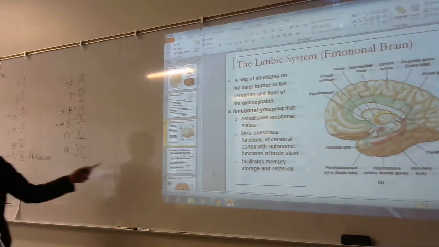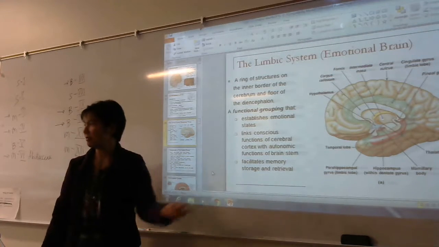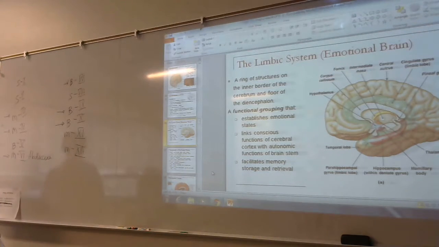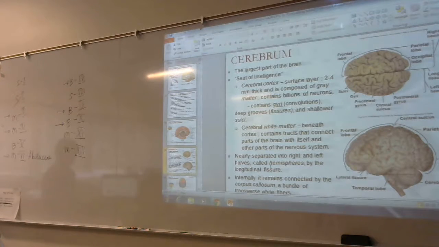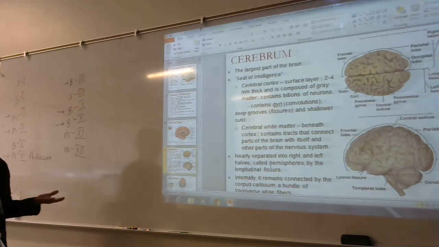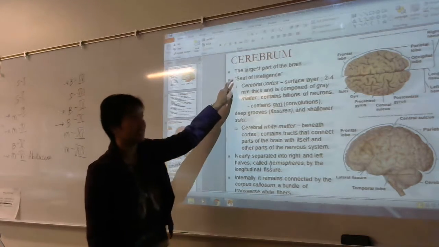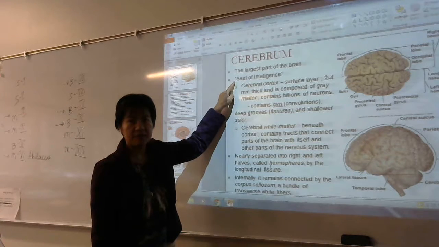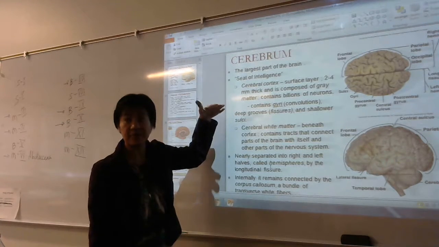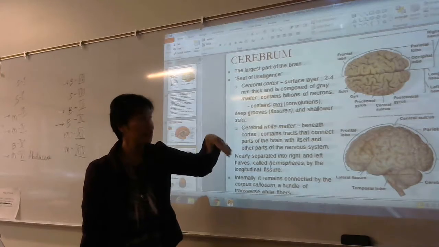Links conscious with unconscious, with the autonomic. Okay? Now we're ready to study the largest part of the brain, which is your cerebrum. This is the largest part of the brain. This is where the seat of intelligence is. Okay? The cerebrum.